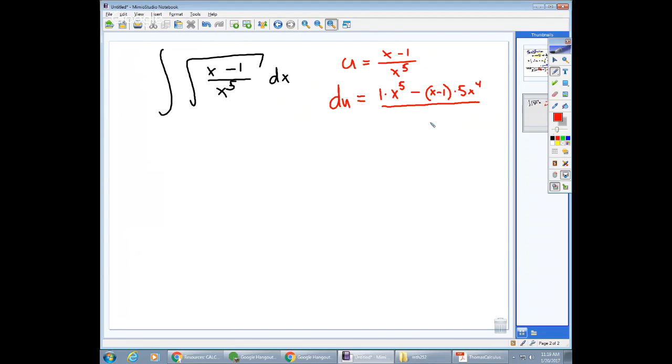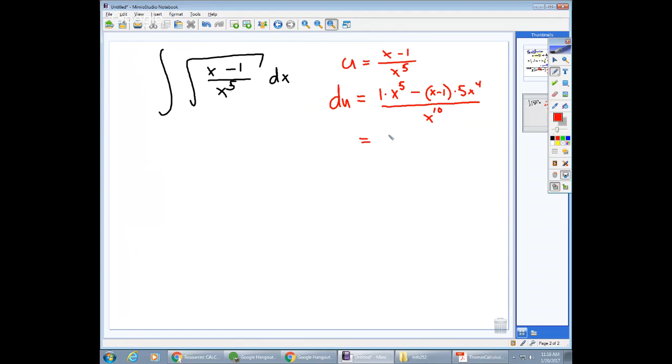Isn't it the square? I guess I haven't done that in a while. Yeah, denominator squared. So x to the 5th to the 10th. Sorry, I said the answer. X to the 5th to the 2nd would be x to the 10th. Yeah, we square that denominator. And then we clean that up.